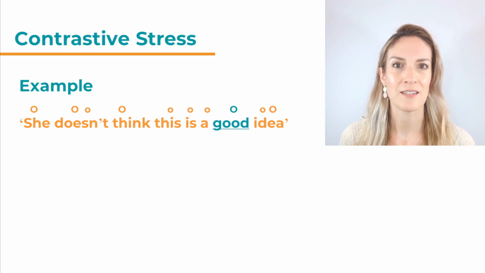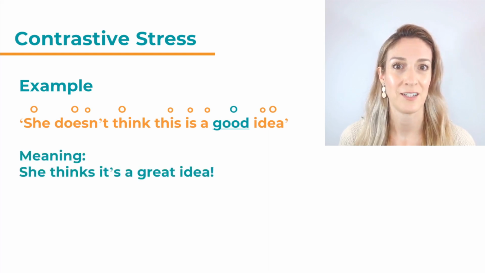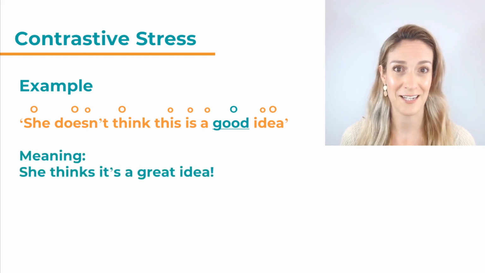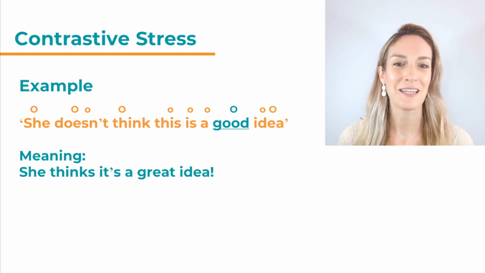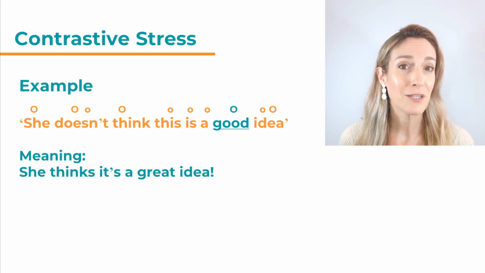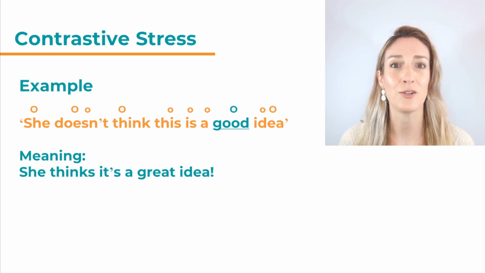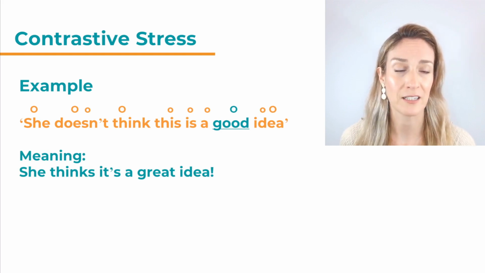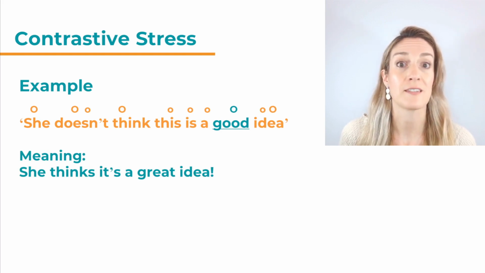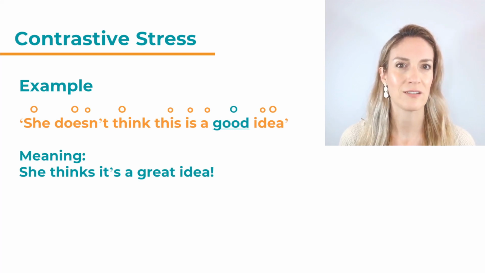She doesn't think this is a good idea. She thinks this is a great idea. So we can stress good, maybe because we want to highlight, no, she doesn't think it's a good idea. She thinks it's a great idea. Of course, it could also be she thinks it's a terrible idea. Okay, so we're emphasizing the adjective here because we want to change it for another one.